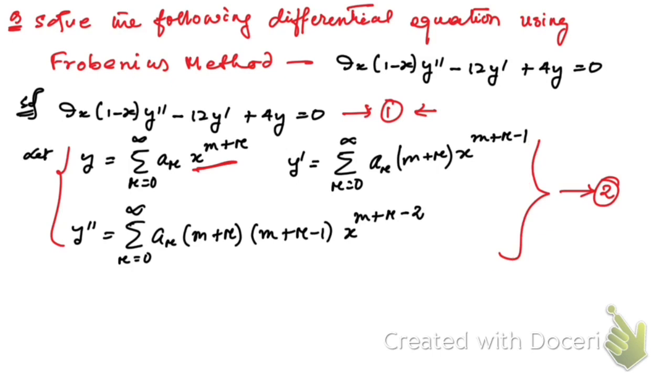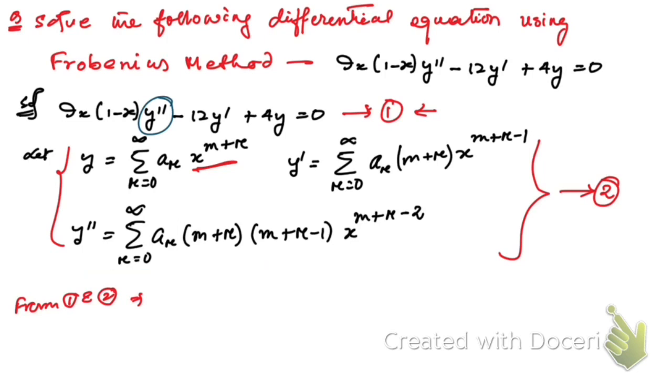Then from 1 and 2, what we're going to have: just replace y double dash by this expression. So what we have done is replace this by this.